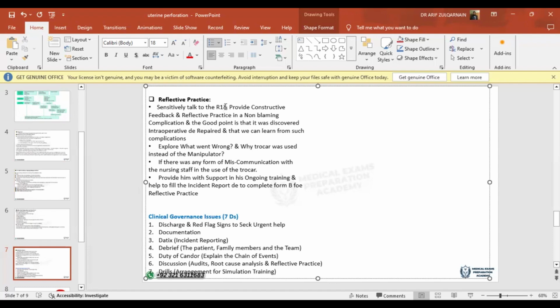And we will explore what went wrong and why he has used the trocar instead of uterine manipulator. Okay.